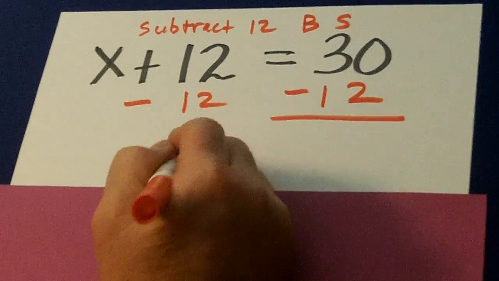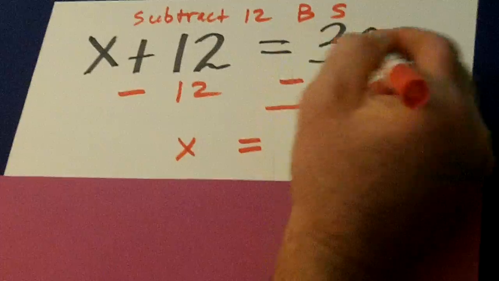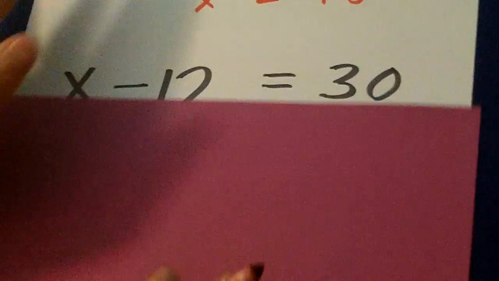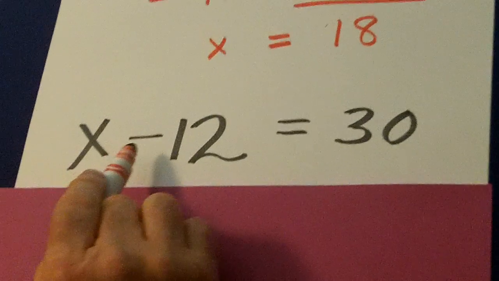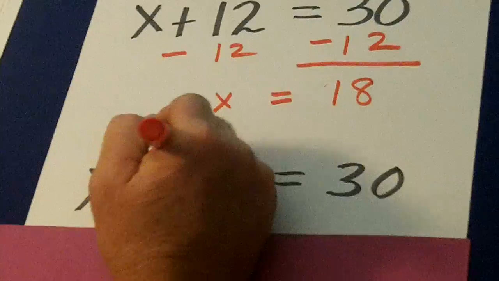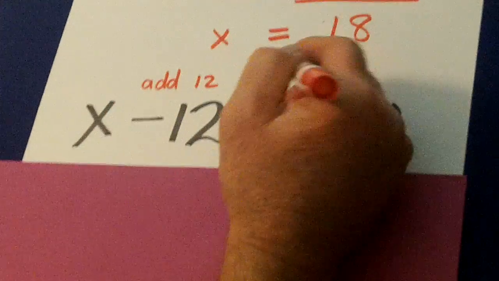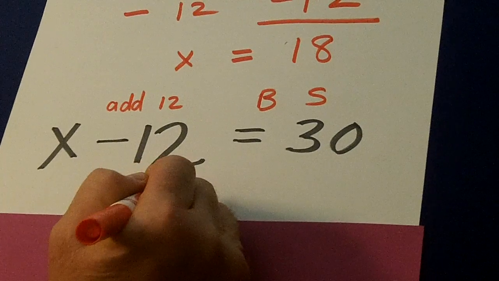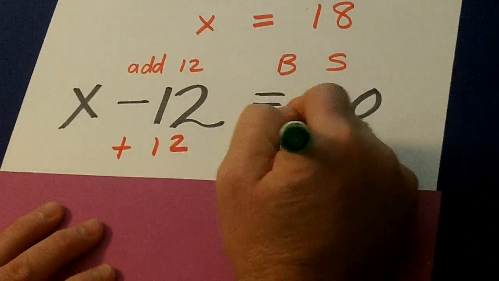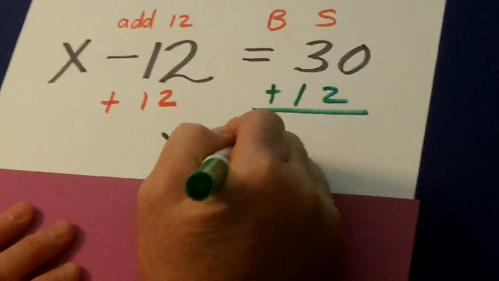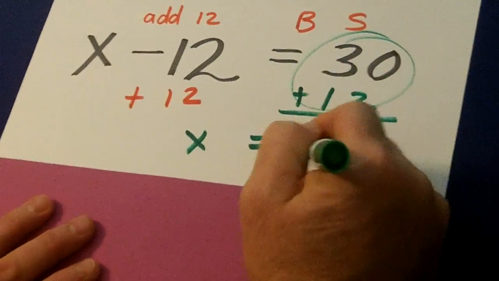And so we get x equals, when we do the math, 18. Let's look here. Subtract 12. What's the opposite of that? Add 12, both sides. So we get x equals, when we add that, 42.